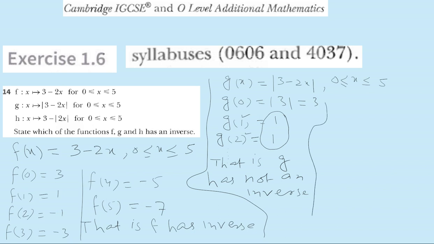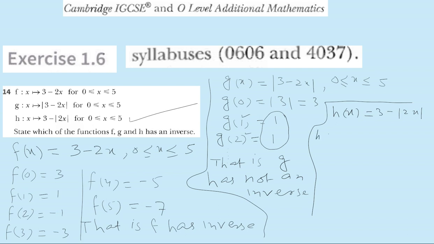Now come to h(x). Check. h(x) is equal to 3 minus 2x, not the absolute function. Again, the domain is given from 0 to 5.